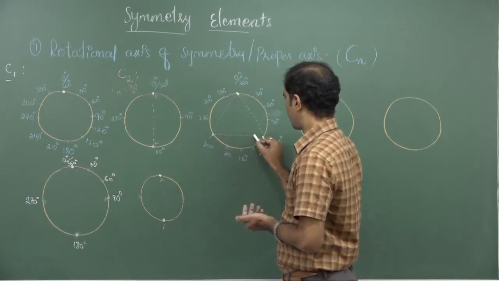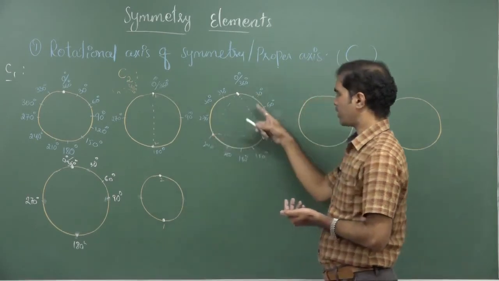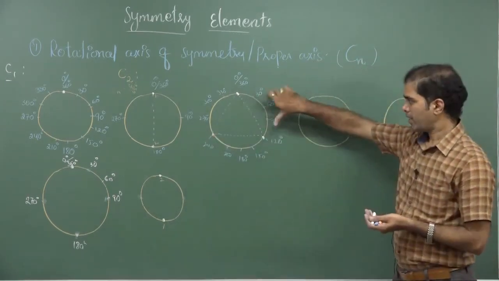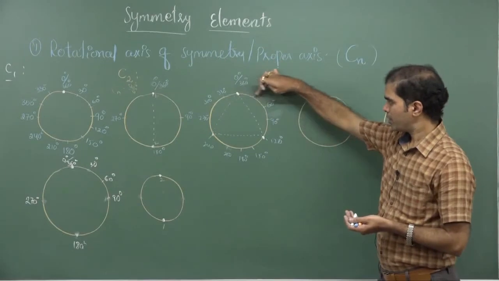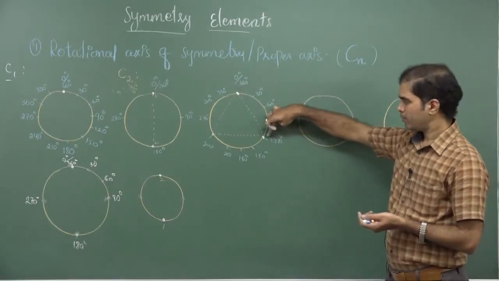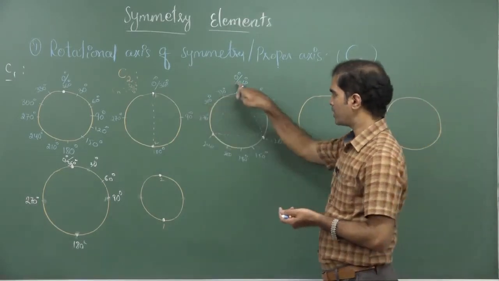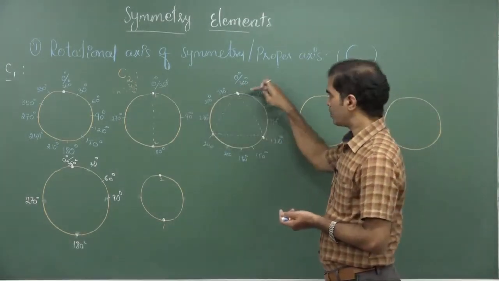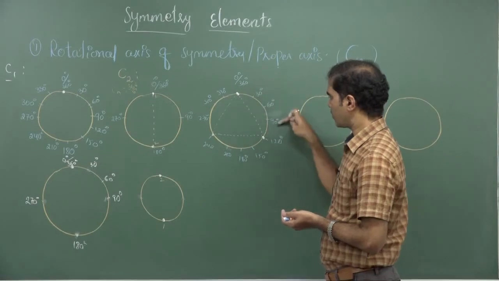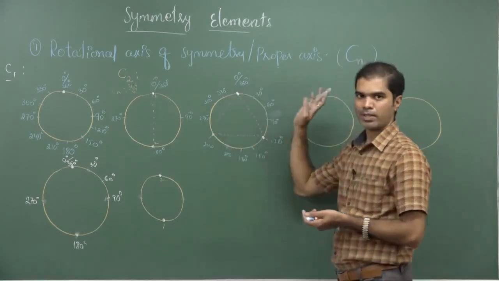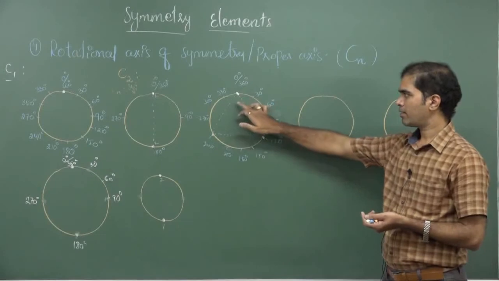So for these 3 identical points, there is a triangular relation and the angle is also the same. From 0 to 120, from 120 to 240 is again 120, from 240 to 360 is again 120. So these points are separated by an angle of 120, 120 and 120. It means it is an equilateral triangle.